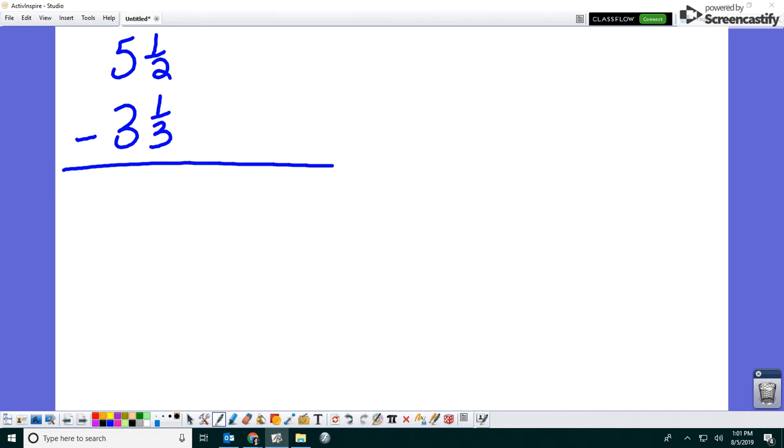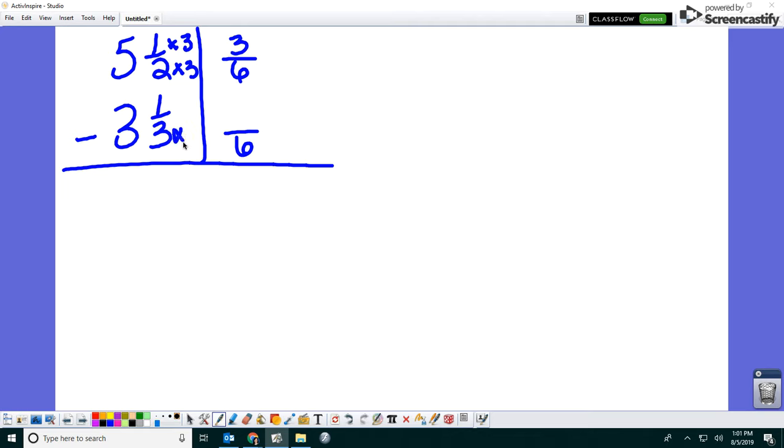All right, now when we're subtracting fractions, let's say we have 5 1/2 minus 3 1/3. Now this is just a nice, easy problem. I need to find a common denominator. I'm going to use 6 because I know I can multiply 2 to equal 6 pretty easily.